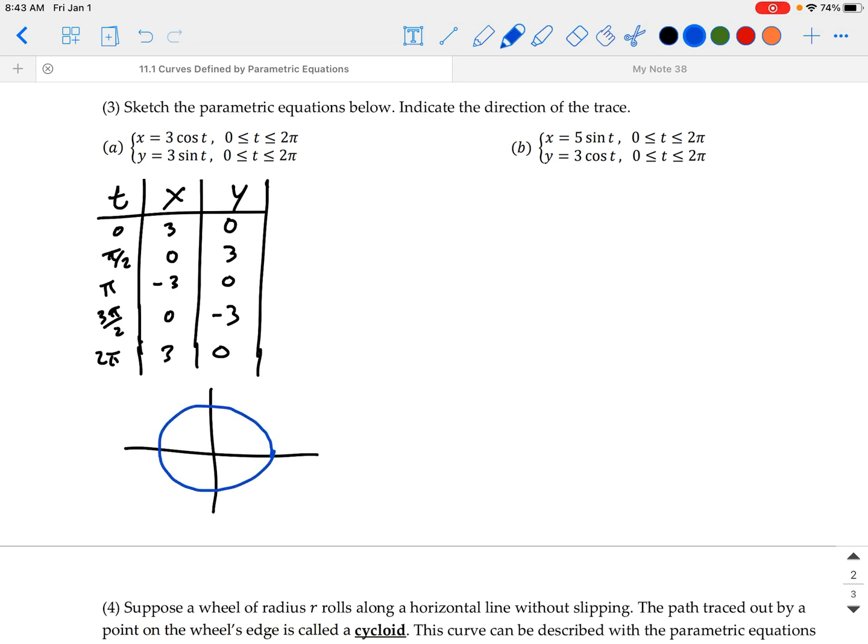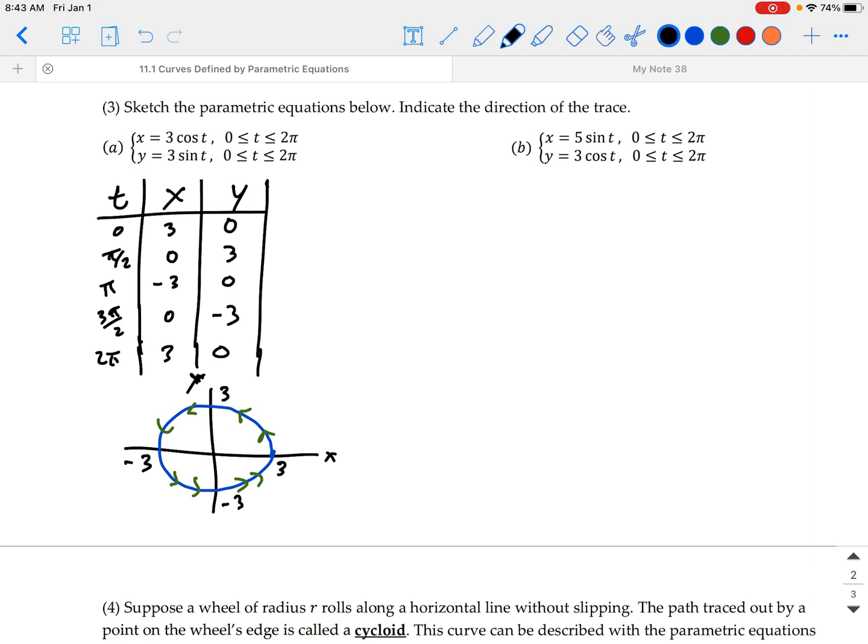So we'll start at standard position, and our trace is going to be counterclockwise. And we get one complete trace.